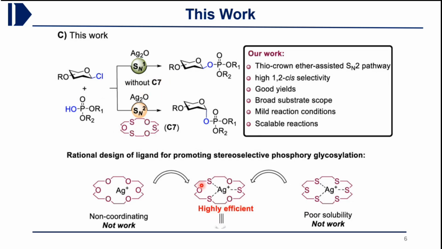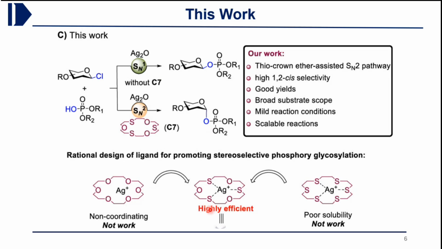Without C7, but what is C7? Here they have mentioned C7, this crown ether, a thiocrown ether with a mixture of sulfur and oxygen, which can coordinate with the silver group. Whatever silver salt they use as a promoter, it coordinates with that, and they get this alpha glycoside. Without C7, they get the beta glycoside as the major compound.